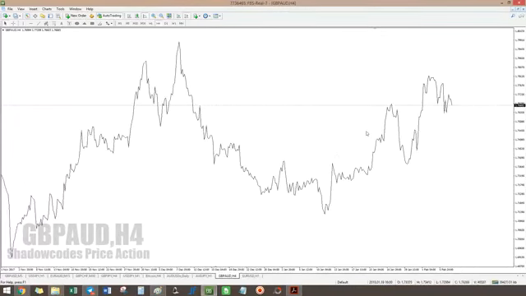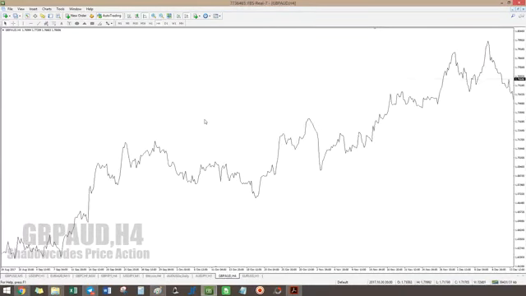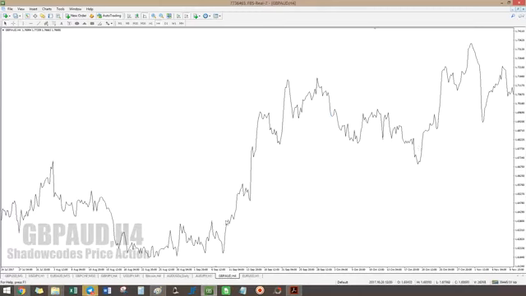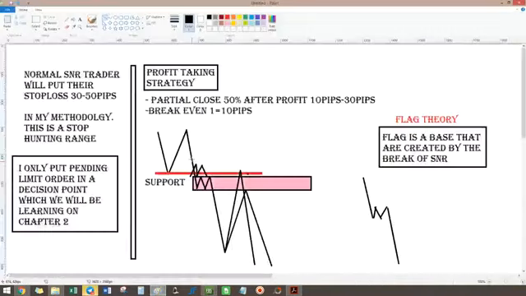So let's search for support become resistance. For support become resistance, I will note down another thing.